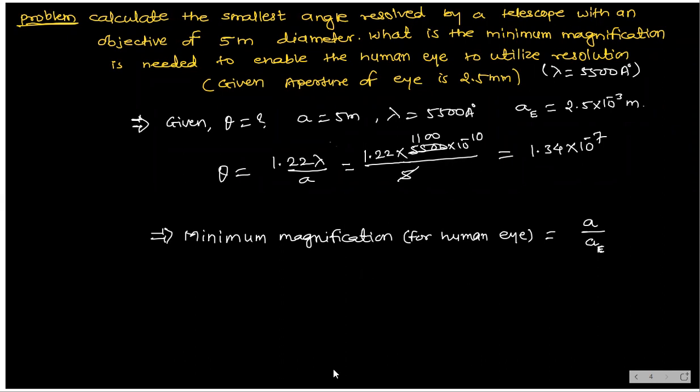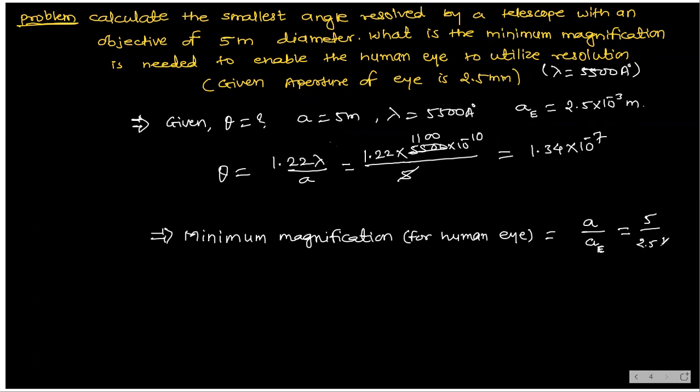उसके बाद यहाँ पे a by AE, ए कितना है, देखो चेक करो. A value is 5.